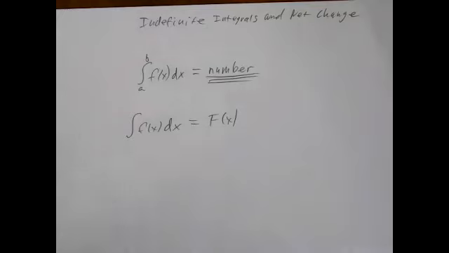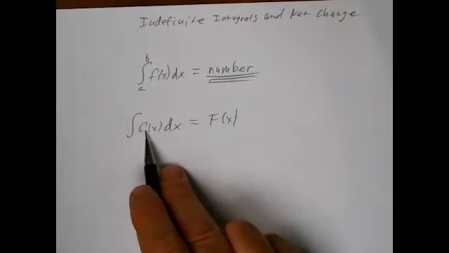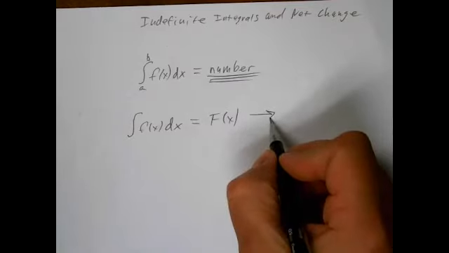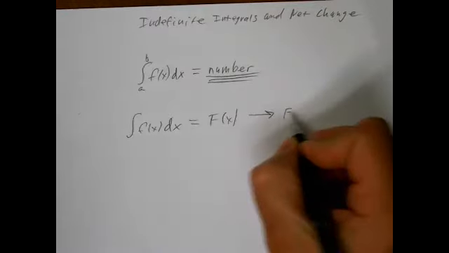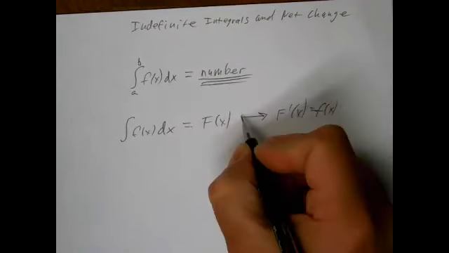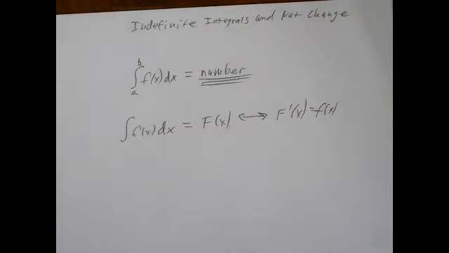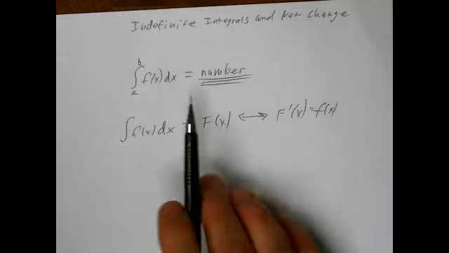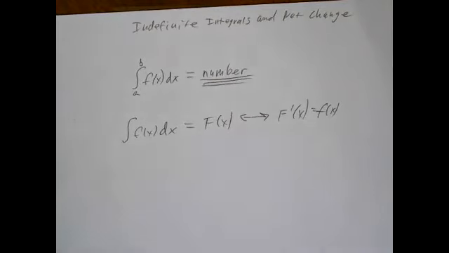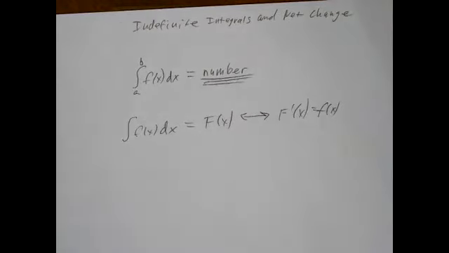In other words, the integral of small f of x dx equaling large F of x implies that if I take the derivative of the large F, I get the small f, and that's a double implication, by the way. So again, when you integrate with limits of integration, that's a definite integral, you get a number.